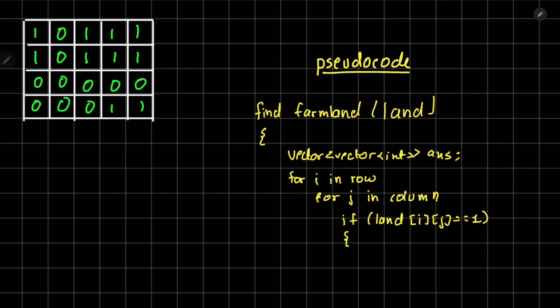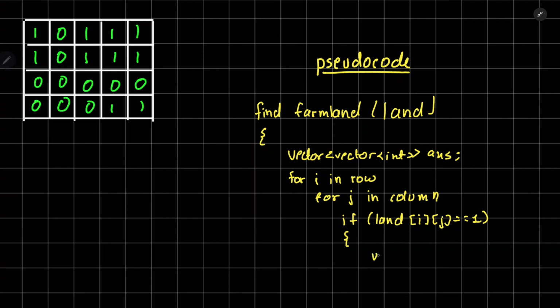For this group we will call the BFS function, and we have to make a vector which will store the coordinate of the current cell, because that is the top left corner of the group.